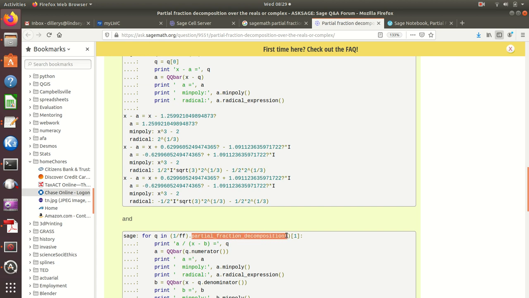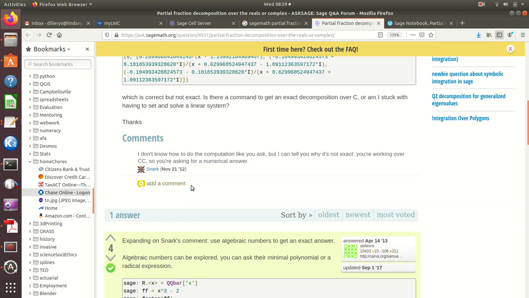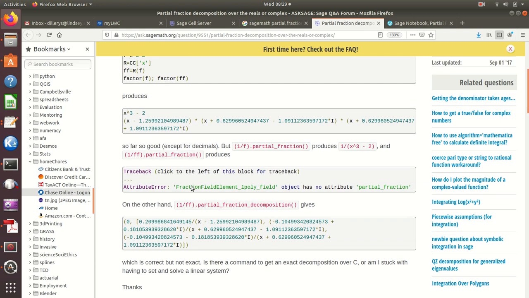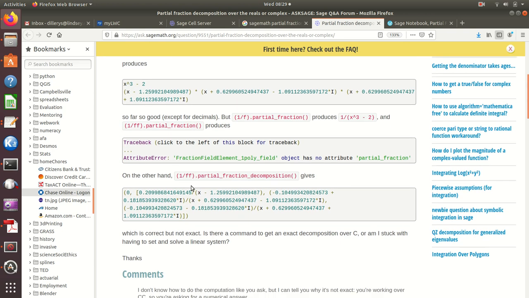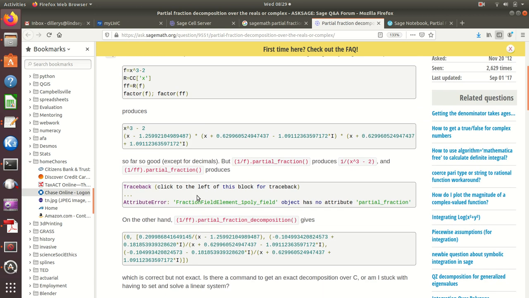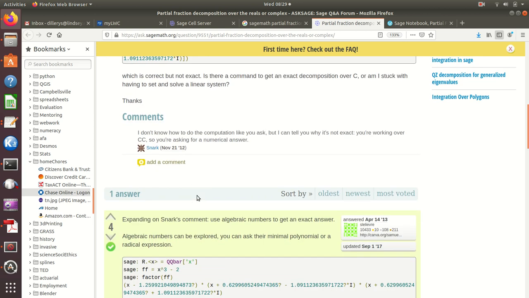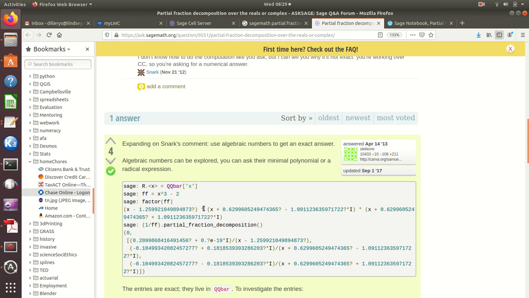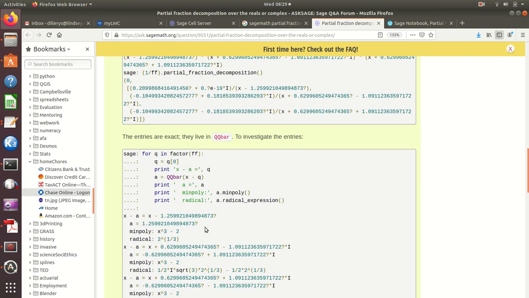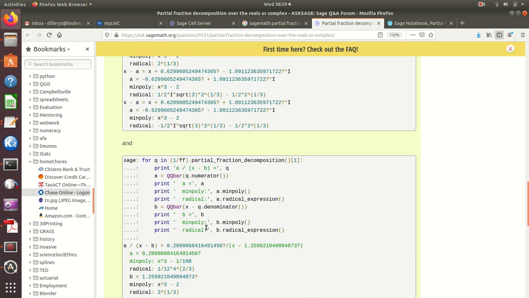Partial fraction decomposition, that is different than wherever he had it up here. Somebody had a partial fractions, I thought. Yeah, no, partial fraction decomposition. Yeah, all those use this command, partial fraction decomposition.